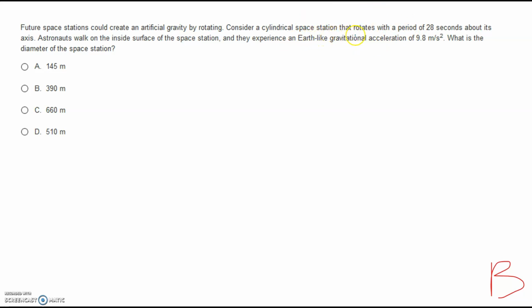Consider a cylindrical space station that rotates with a period of 28 seconds. Acceleration is that of Earth. And we're trying to find the diameter of the space station, which is 2 times r. So I used, let's say F is equal to ma, which is equal to mv squared over r.